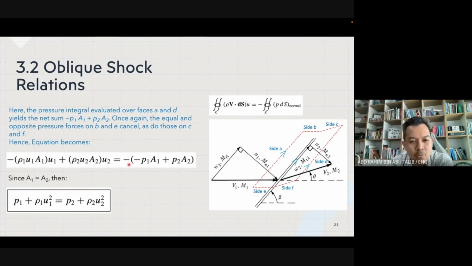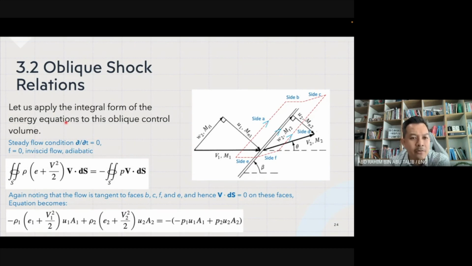Since A1 equals A2, the same area, we can now express it as this expression, the pressure plus the density times the velocity at 1 and at 2 respectively.